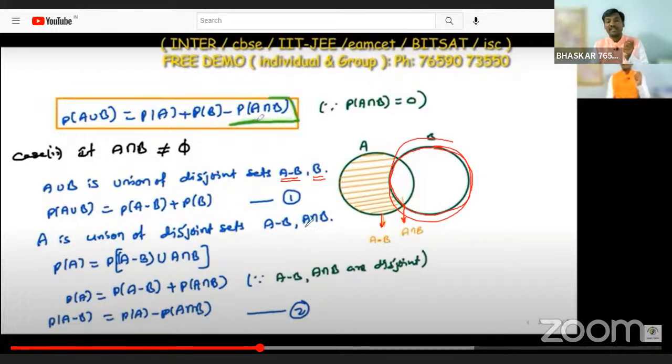Again, the set A is also a combination of two disjoint sets.